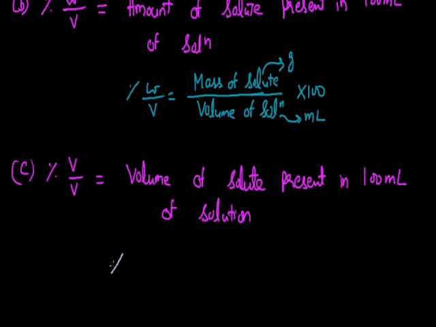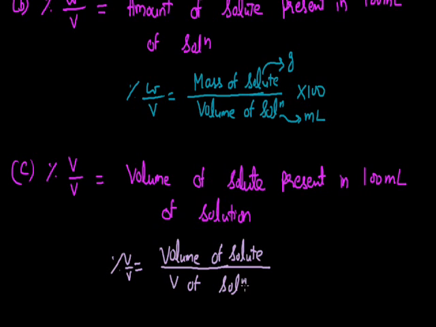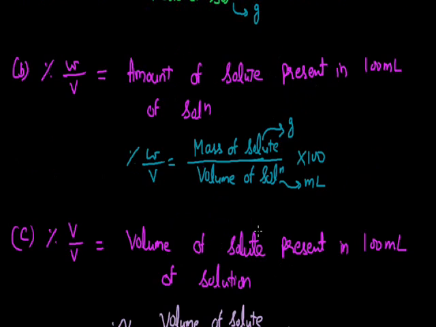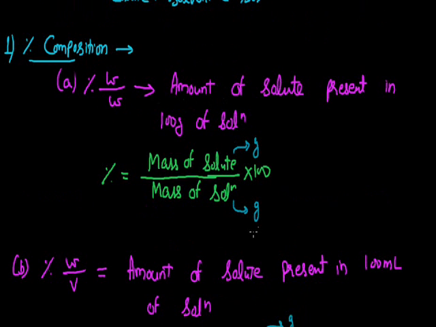Now, from the definition, we can write the formula: percentage volume by volume is equal to volume of solute divided by volume of solution, multiplied by 100, since we are going to calculate the percentage composition. So that's the very first kind of concentration representation, the percentage composition.